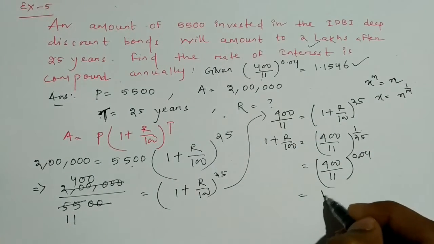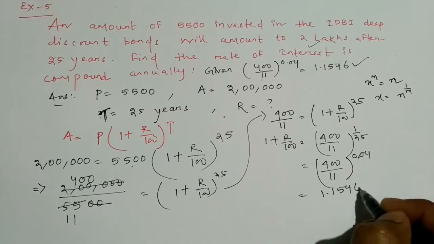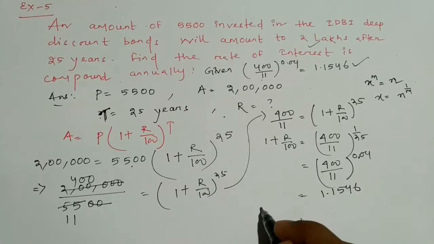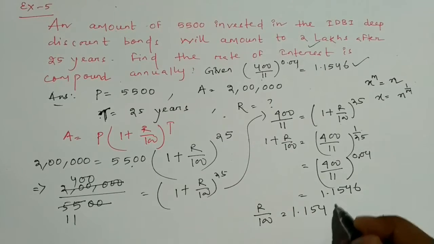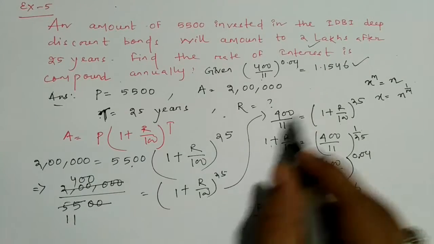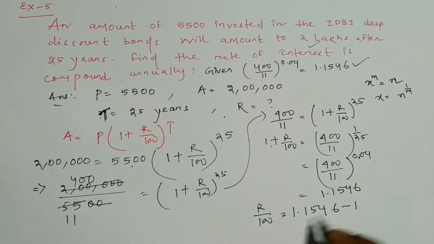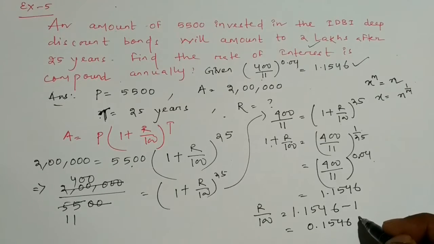So putting here 1.1546, r by 100 will be 1.1546, and plus 1 coming to this side becomes minus 1. So it will become 0.1546.